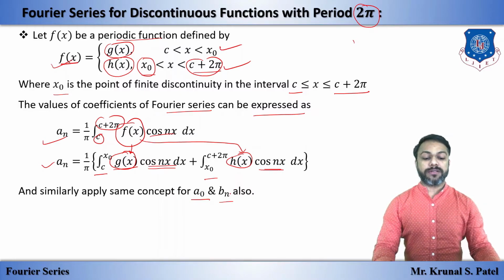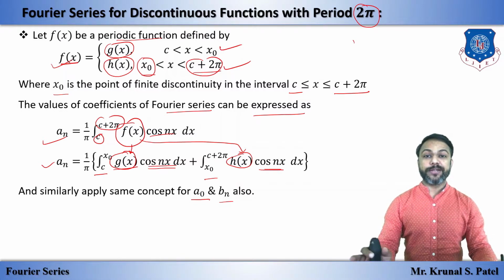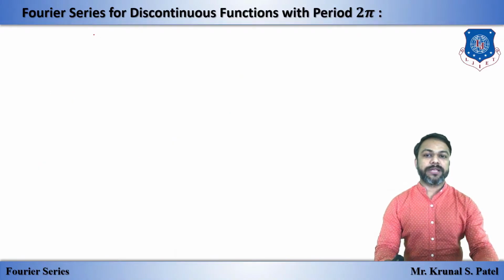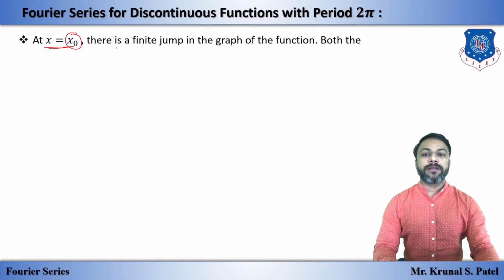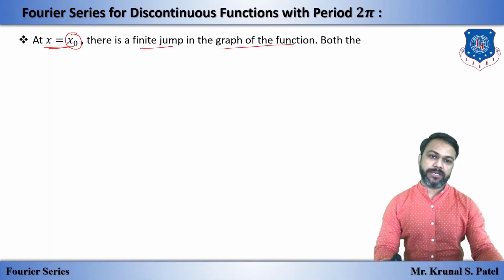But here one more thing you have to keep in mind for the extra deduction or proof of the final series. At x equal to x0, that means at the discontinuity point, there is a finite jump in the graph of the function.